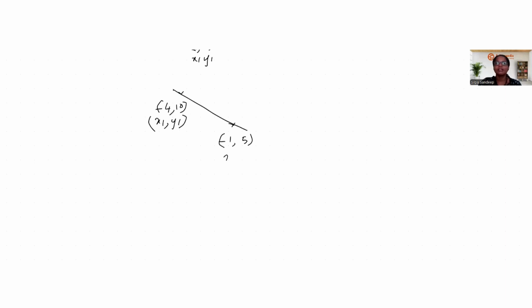Then the formula is slope M is equal to y2 minus y1 over x2 minus x1. So this is equal to, here y2 is 5, so 5 minus 10 over, then x2 is negative 1, negative 1 minus negative 4.